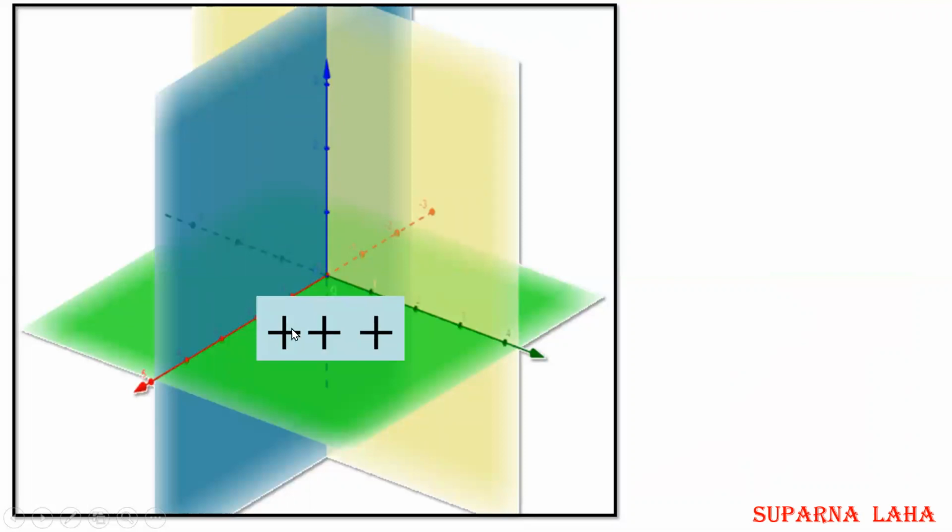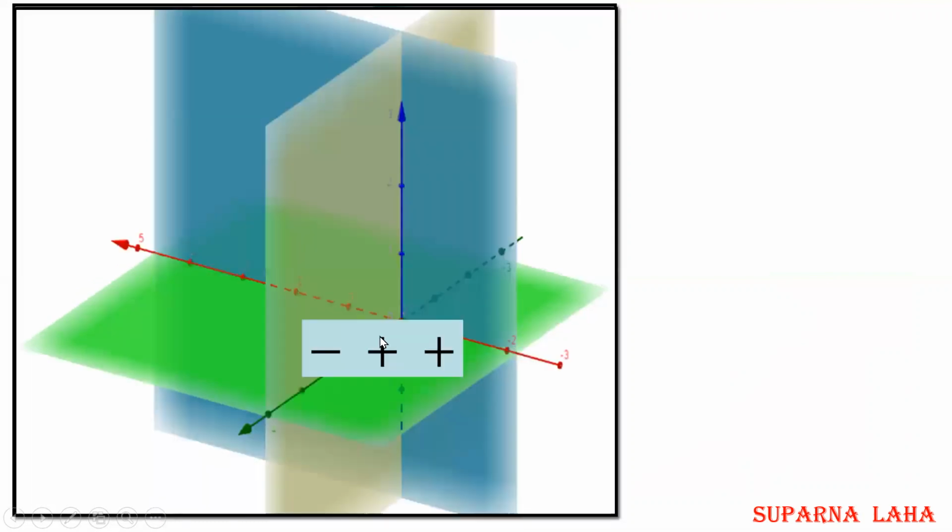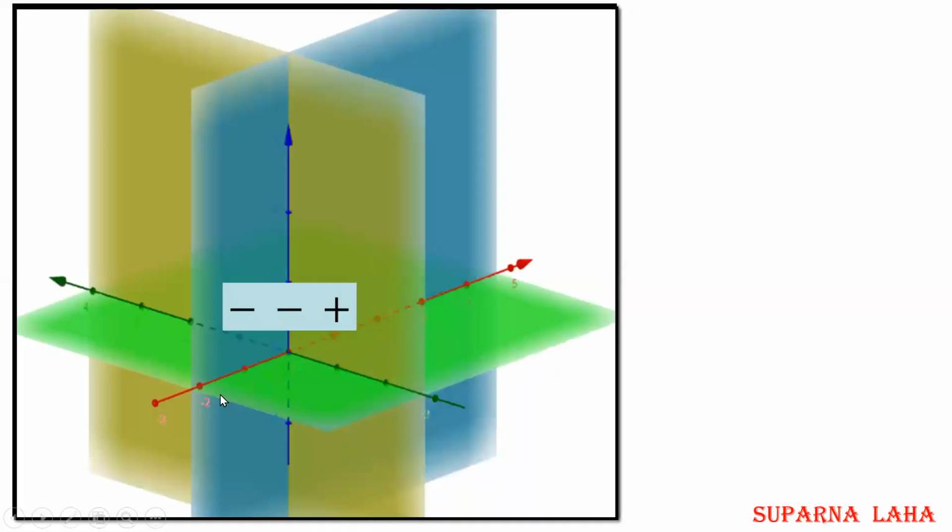Okay, so in this chamber, any point we take has x coordinate positive, y coordinate positive, z coordinate positive. Moving to the second chamber: x is negative, y is positive, z is positive. Just after that, x is negative, y is negative, and z is positive.